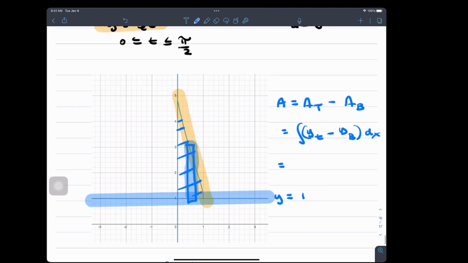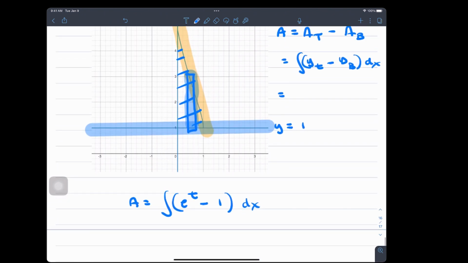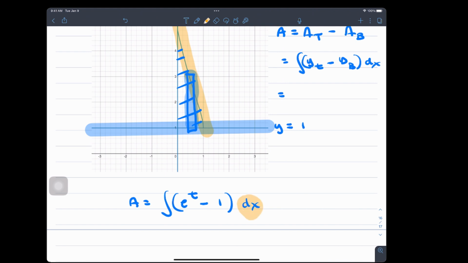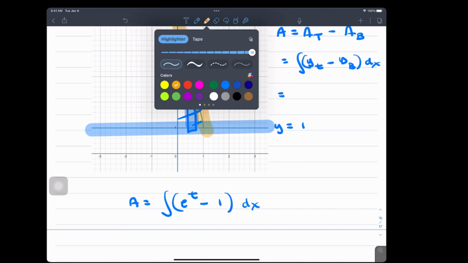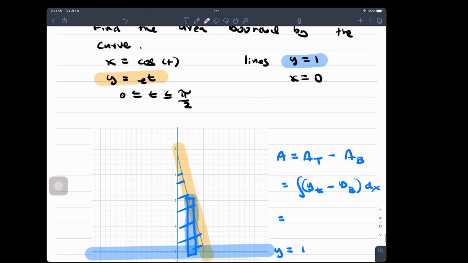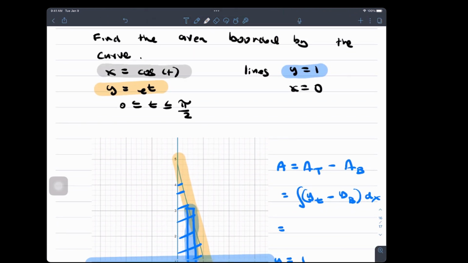Now, what is dx? We have to have that dx, so you've got to convert your dx. We'll use gray. Here's my x. X is cosine t, so dx/dt is the derivative of cosine, which is minus sine.